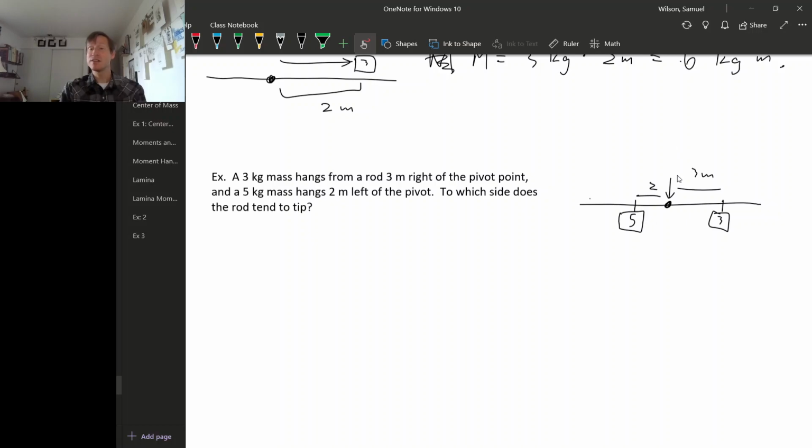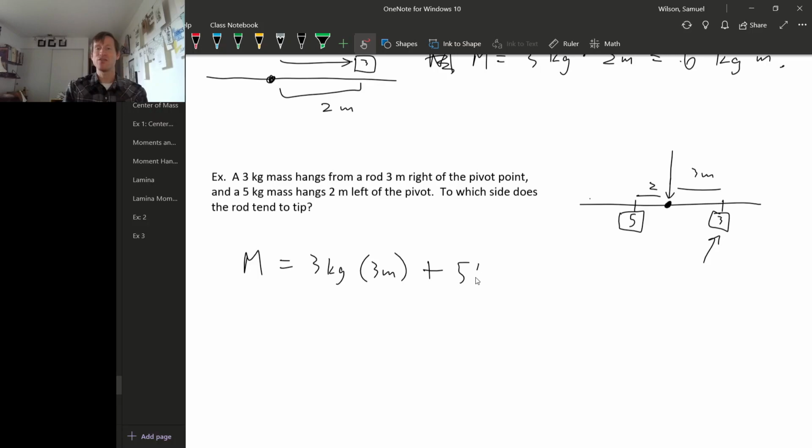So to figure this out, we need to find the moment about the pivot here. So we need to just find the total moment for this entire system. For the first mass, the 3 kilogram mass, it's the mass, which is 3 kilograms, times the displacement from the pivot point, which is plus 3 meters. Okay, now we can add the moment for the second mass.